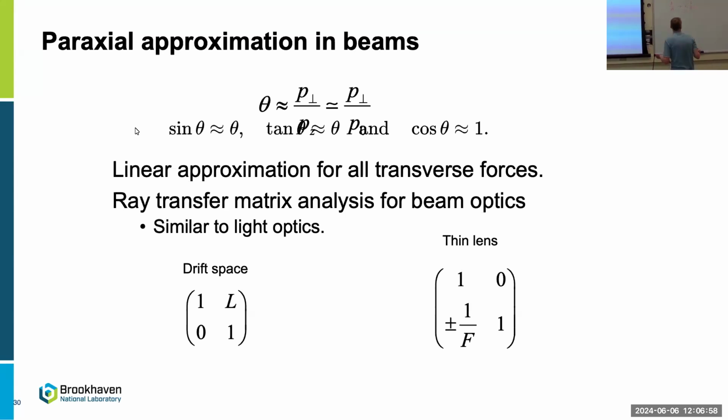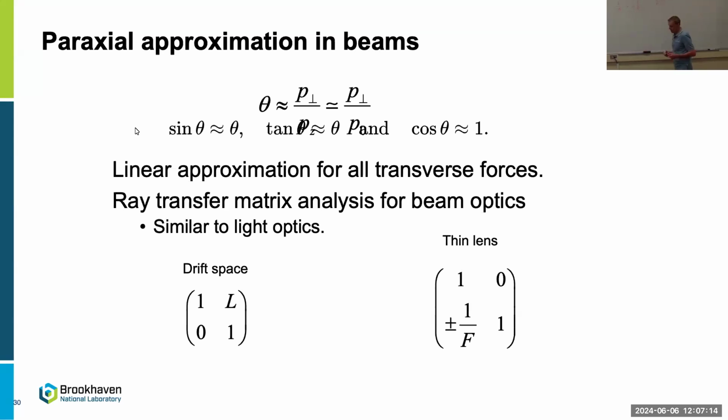So there are no fields in a drift space. Therefore, by replacing this with the paraxial equation, I actually get d2r over ds squared equals 0.